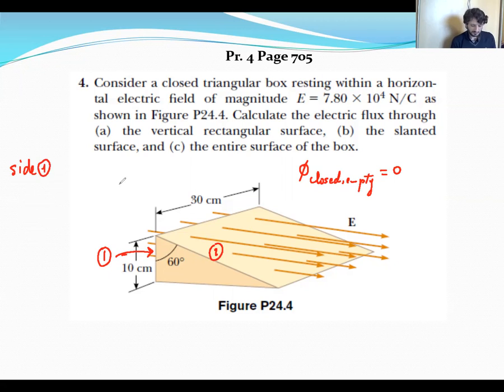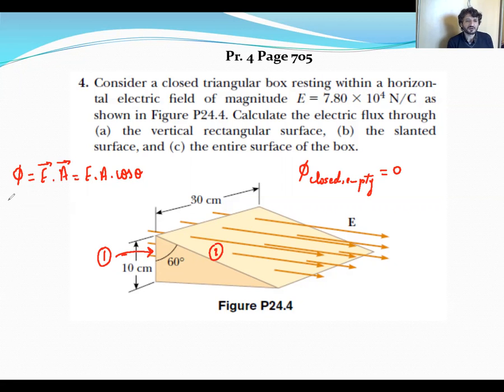In general, the flux equals E dot A, which equals E A cosine of the angle between E and A. This is the general case.